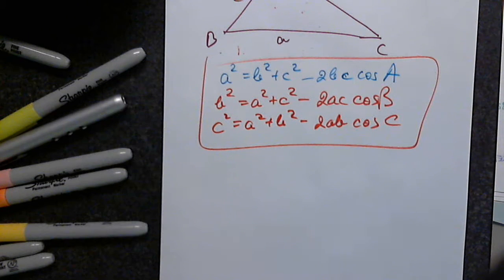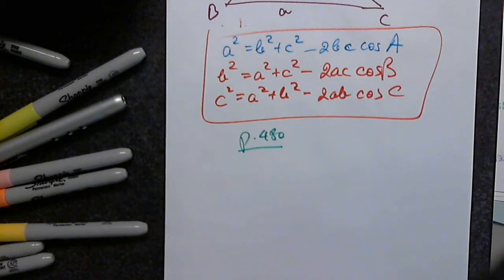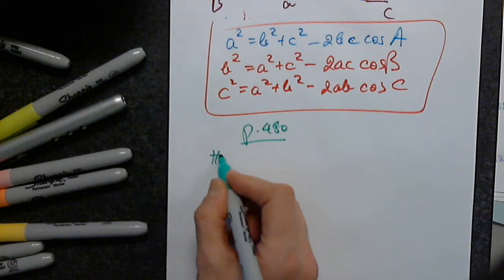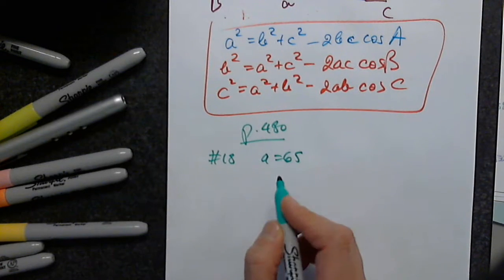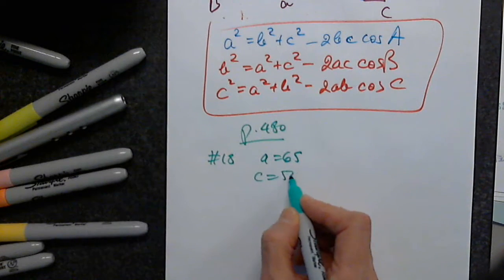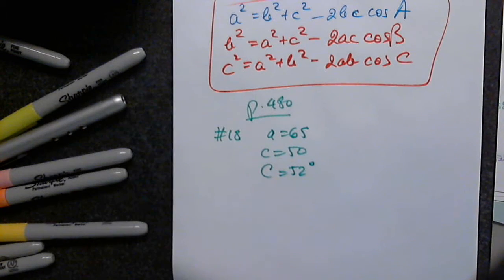About 3 through 36 on page 480. Let's start with 18, and then you can choose the next one. Let's say a equals 65, c equals 50, and angle C is 52 degrees.